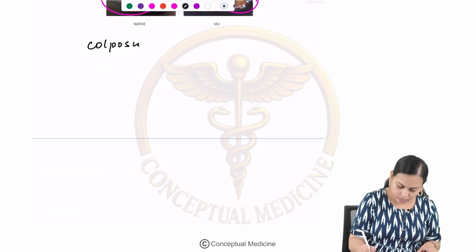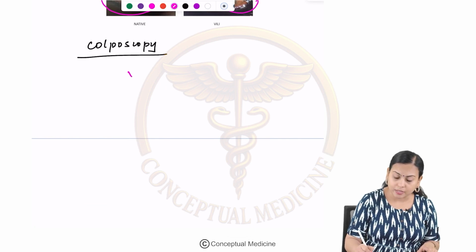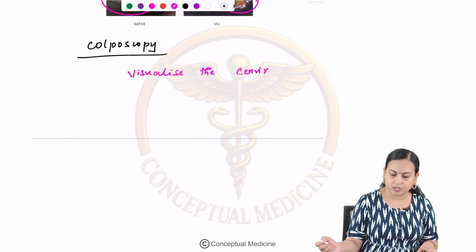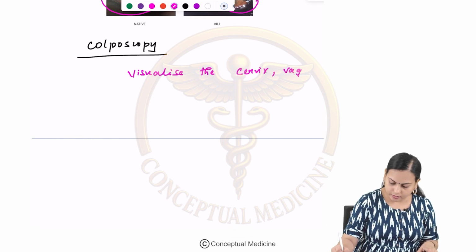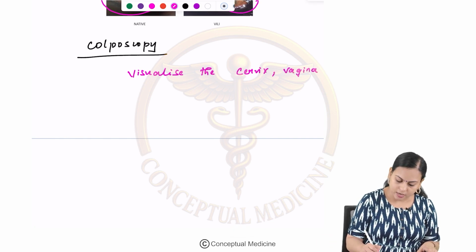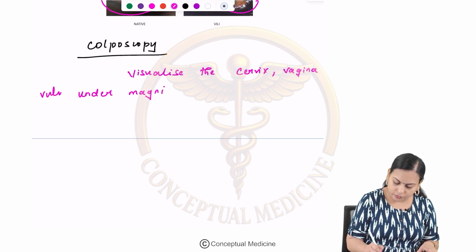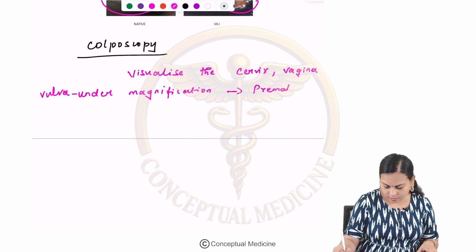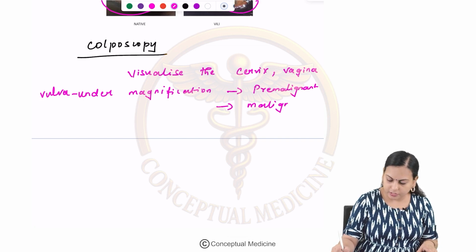Colposcopy is a procedure that is done to visualize the cervix directly, and you can even visualize the vagina as well as the vulva under magnification, so that we will be able to detect pre-malignant or malignant lesions.